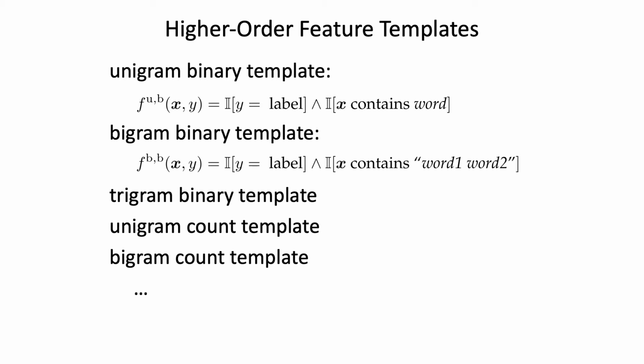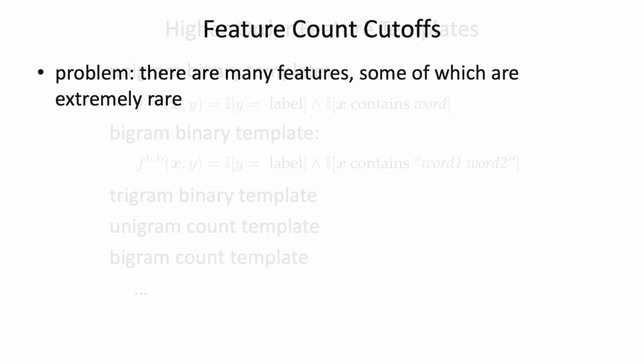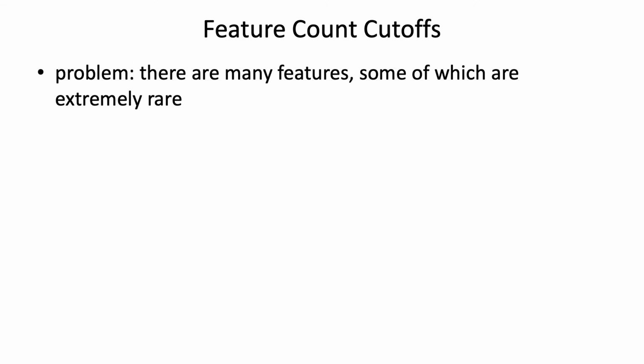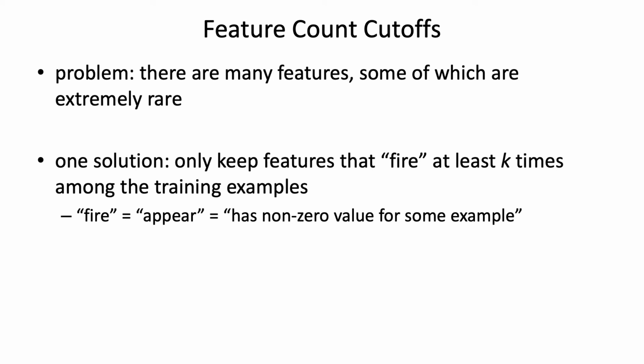Instantiating these can very quickly lead to an unmanageably large set of features, especially for large training sets. This can lead to a problem where we have millions of features, but many of them only appear once in the entire training set. It's going to be hard to learn good weights for such rare features. One solution is to try using a feature count cutoff and only keep features that fire, that is, have non-zero value on at least k examples in the training data.